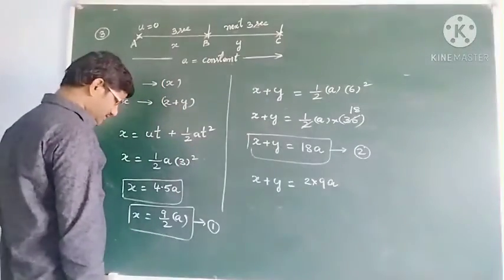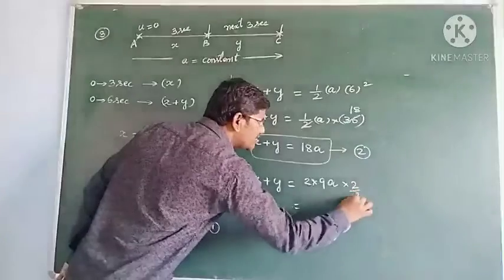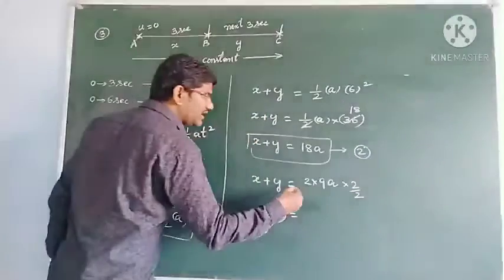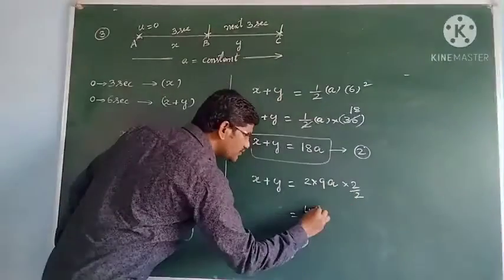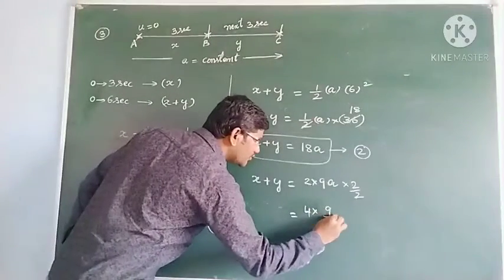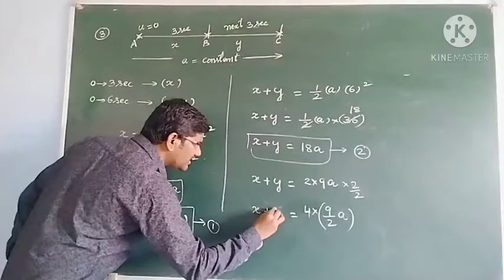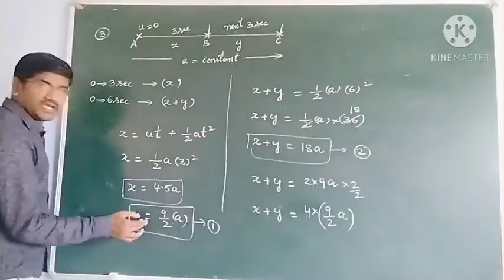Okay students, then I can write it like this, multiplying by 2 by 2 also: 2 into 2 is 4, and this 2 is left. So you can write 9 by 2 into a. This is called x plus y. Okay, and this 9 by 2 into a you can write as x.